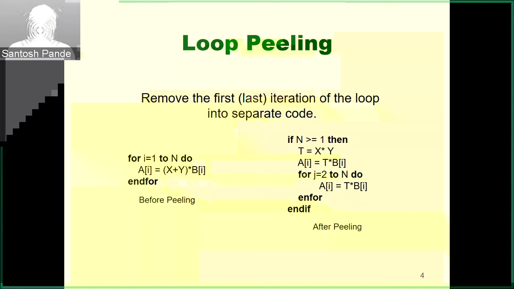Because of this, you can see that now the trip count of the loop that is peeled, instead of 1 to n, has gone to 2 to n. And you will see later that that's very helpful for us to do the fusion when the trip counts of the loops don't match. Sometimes we peel the first iteration, sometimes the last iteration, depending on the alignment that we are trying to seek.